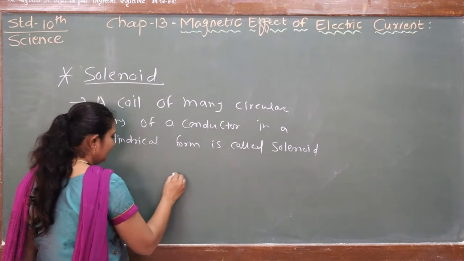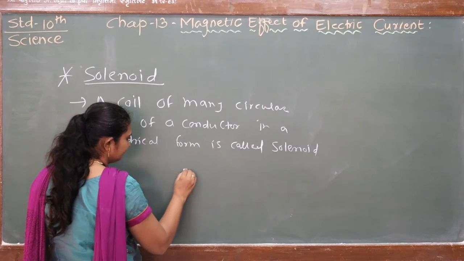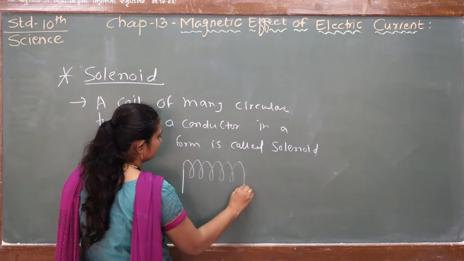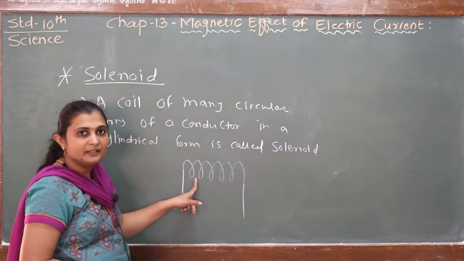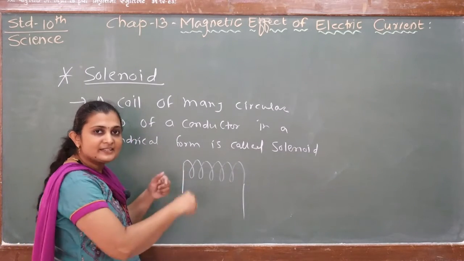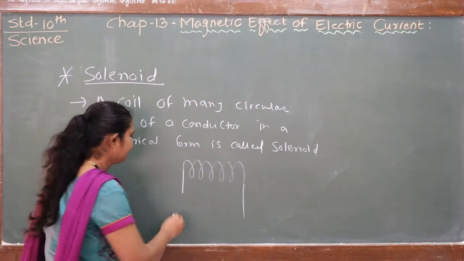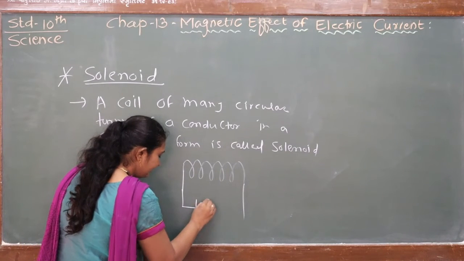Means this is a conductor, and if you arrange this conductor in many turns, that is called the solenoid. Complete the circle.